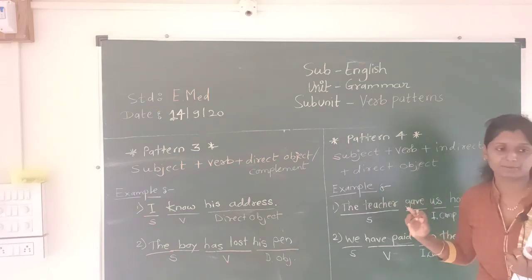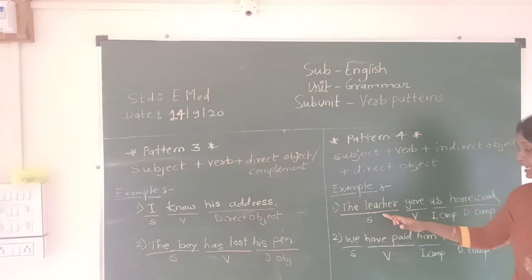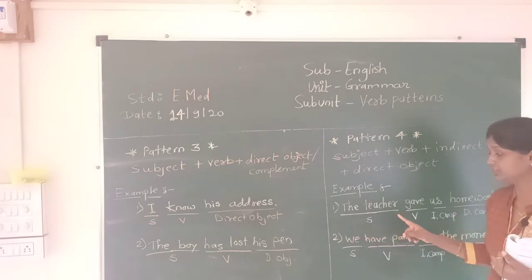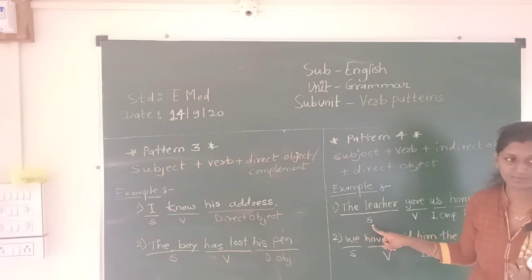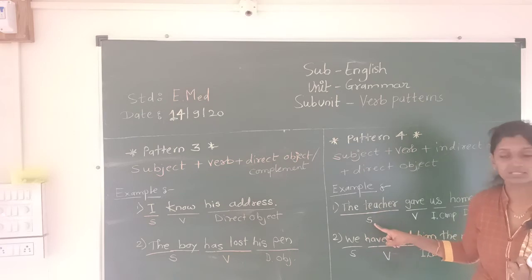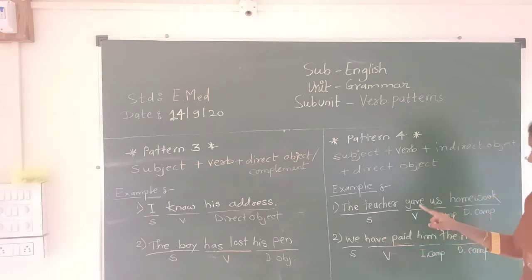Now, example. The teacher gave us homework. In this sentence, the teacher is the subject part. Then gave is the verb. And us is an indirect complement.